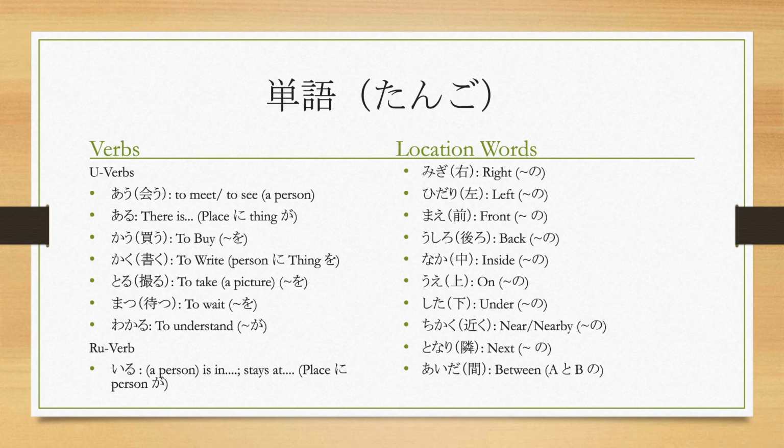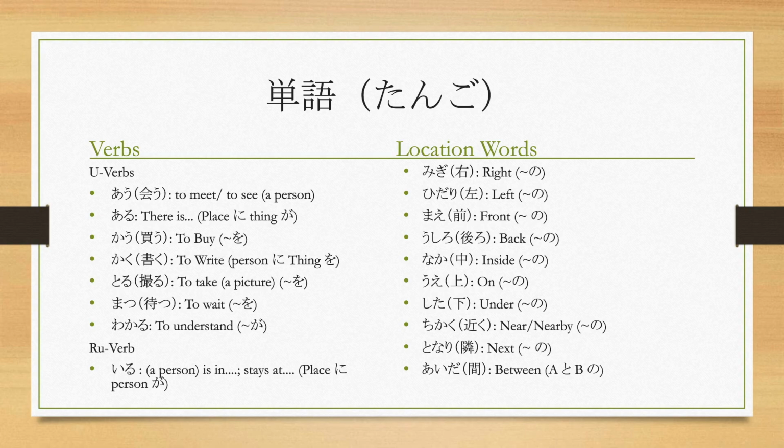Now we're moving over to verbs. We started learning verbs last week, and we're going to continue with that. Au is to meet or see a person. Aru, there is, for a place, uses the particle ni, and for a thing, it's ga. Kau, to buy. Kaku, to write, a person or a thing, depending on what you're doing.